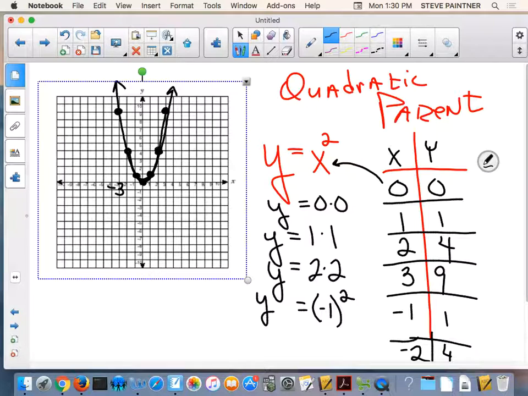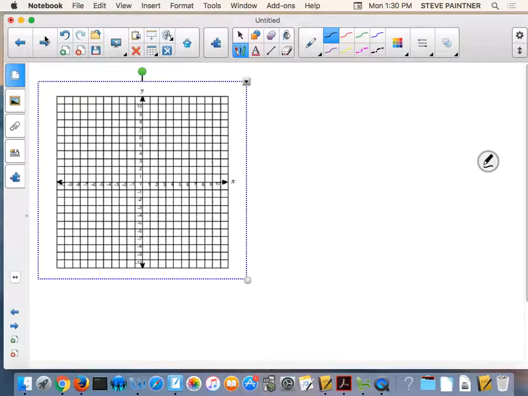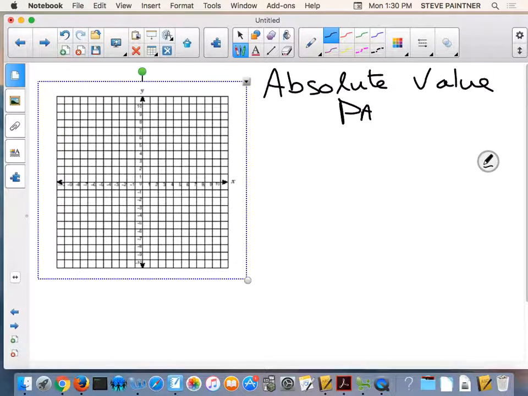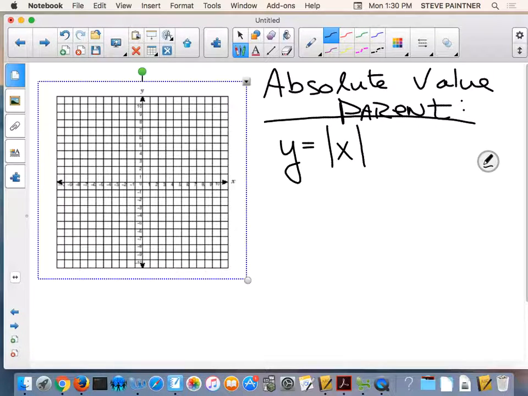Good? Okay, what's next? Absolute value. So the absolute value parent. First of all, absolute value will look like this with 2 vertical bars around it.